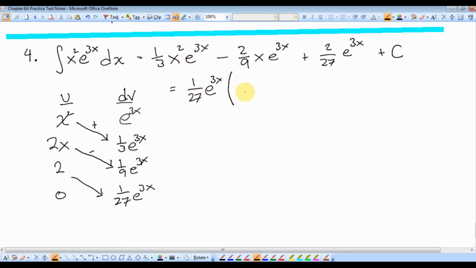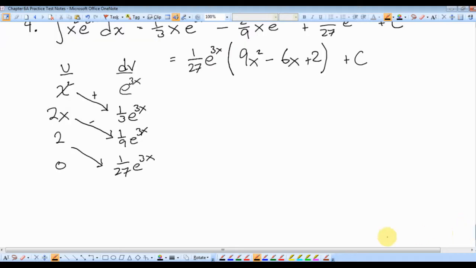Okay, we got 9x squared minus 6x plus 2, plus constant. Is that the answer? That is the answer. Then why does it have a weird answer at the bottom in the back?